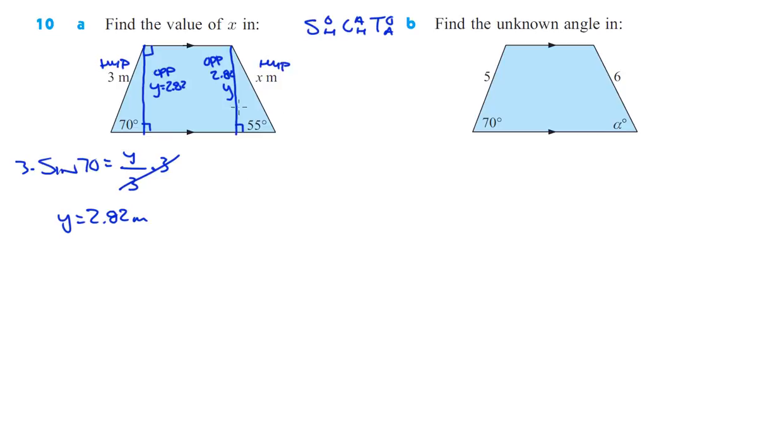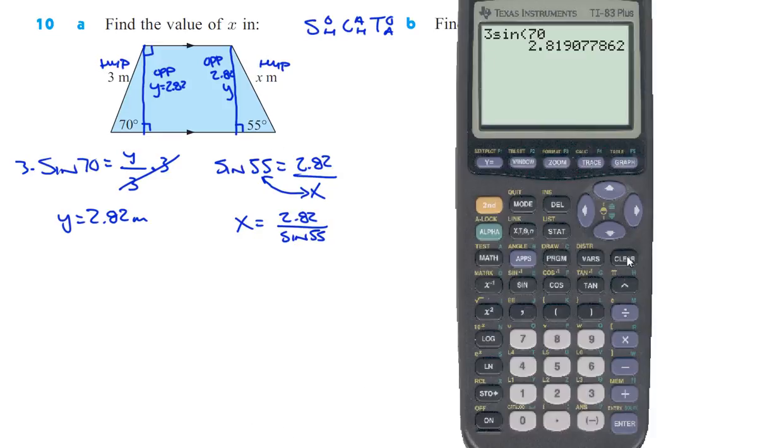So for this one over here, we're also going to do sine. So we'll do sine 55 equals 2.82 over x, right? So again, if the variable is in the denominator, I just switch these two things, so I get x equals 2.82 over sine of 55. That's going to be what that length is there.